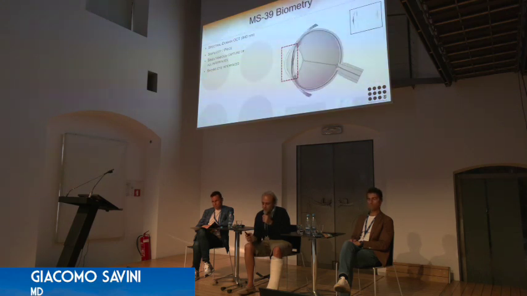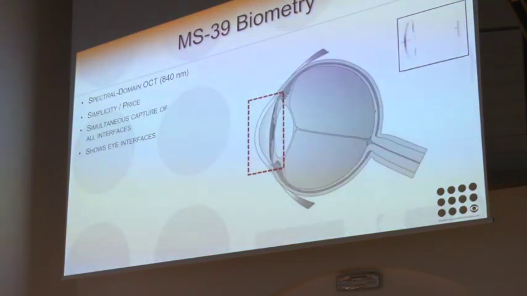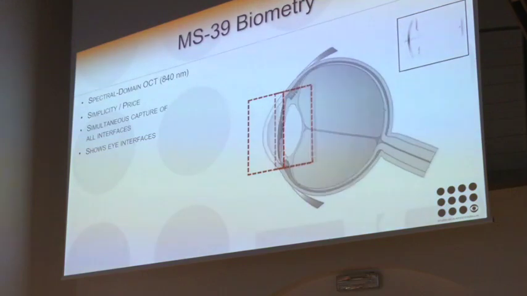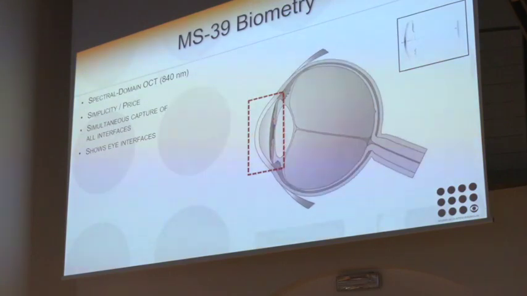It's a relatively simple and cheap solution which enables us to take a simultaneous scan of the cornea, of the anterior segment and the posterior segment, showing the interfaces. So here you see that you can get the scans of the anterior and posterior segment, and this eliminates problems with artifacts coming from movements of the eye.